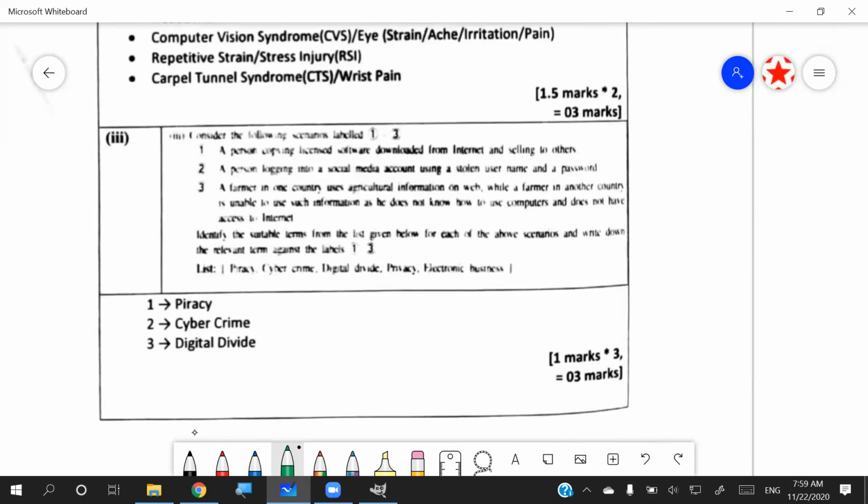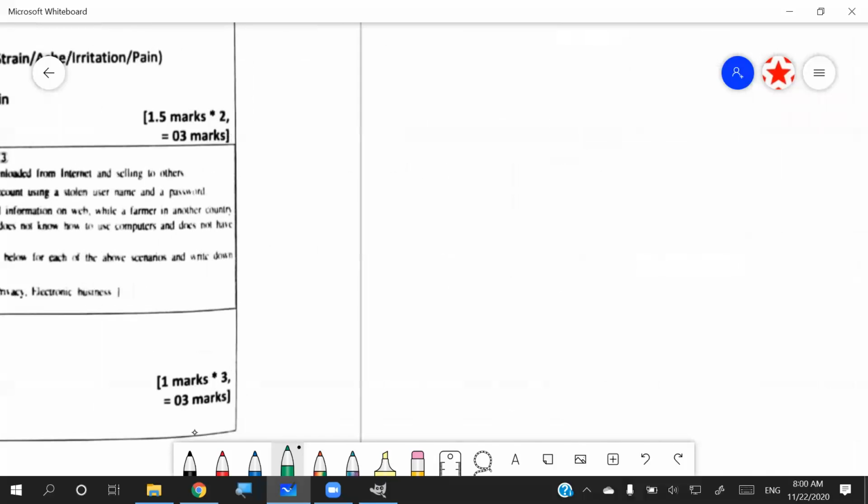And in the third part, they are asking, consider the following. I'm going to take the paper, right?